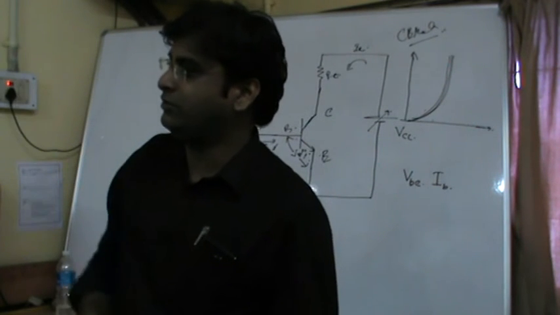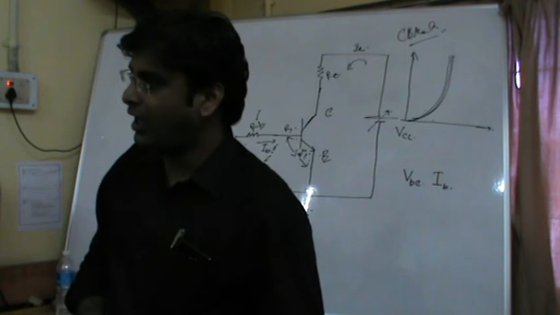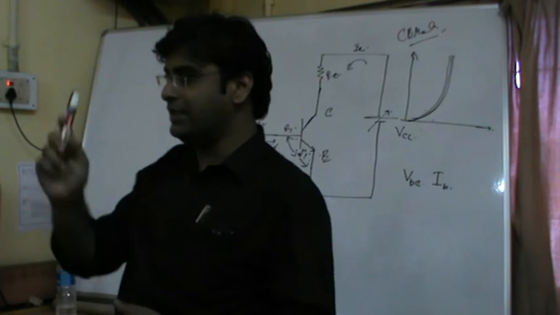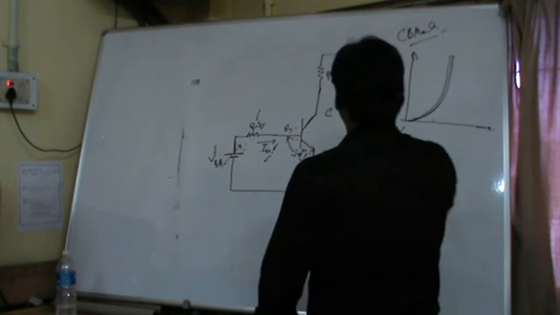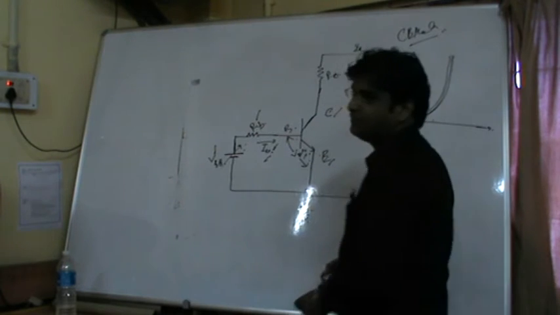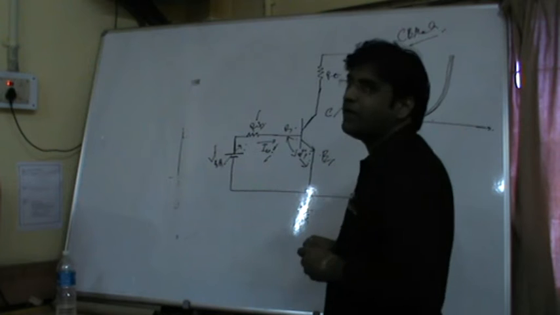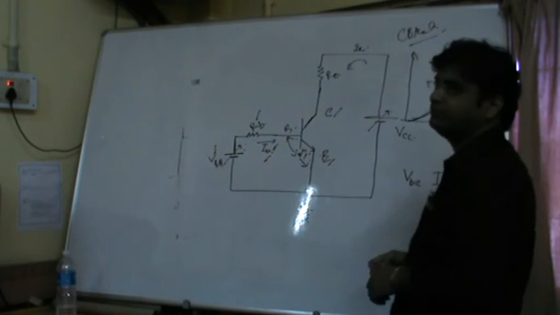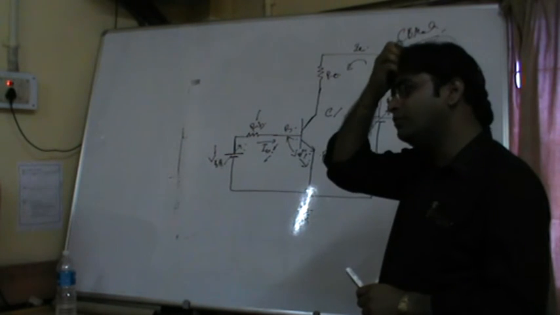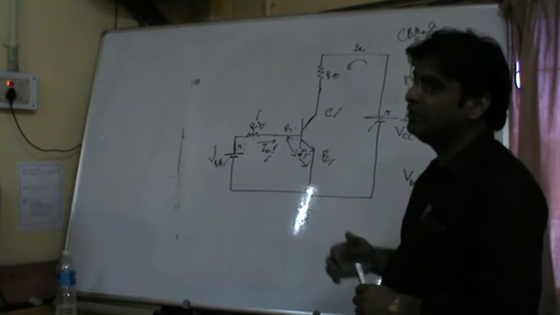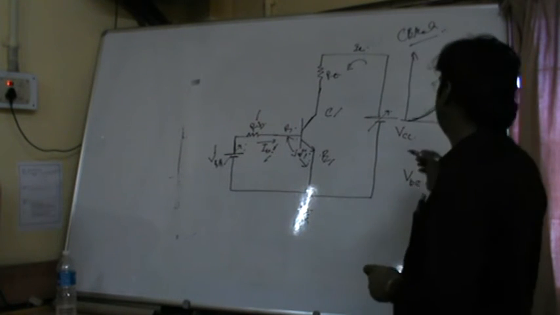Output of the transistor. Here you will see this is very effective. Here, what are the parametric entities? If I ask you this question, what are the parametric entities?